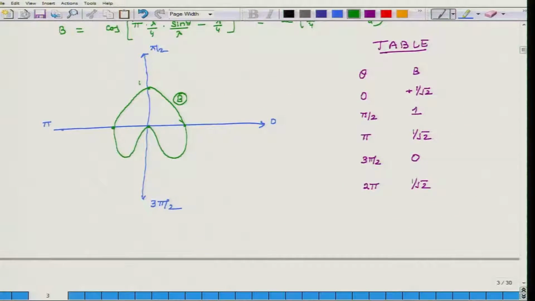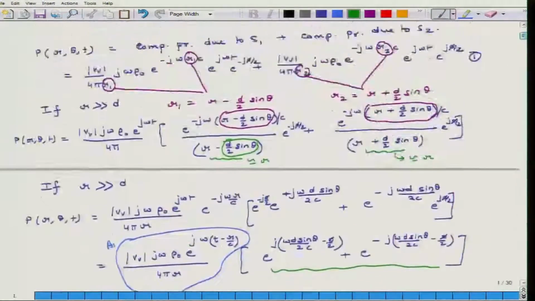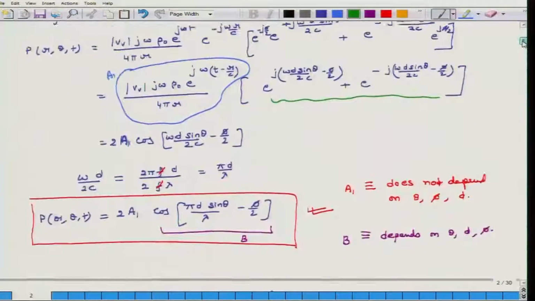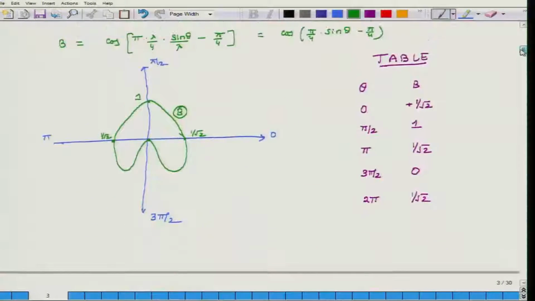So, this is 1, this is 1 over root 2, this is 1 over root 2, and if our microphone is located at the other angle, which is 270 degrees, then the sound perceived by the microphone will be minimum and theoretically it will be 0 pascals.